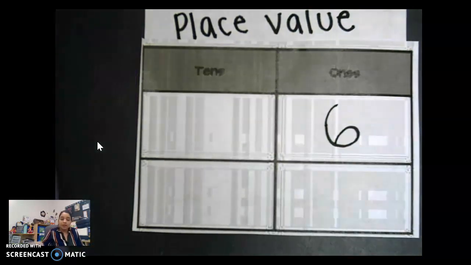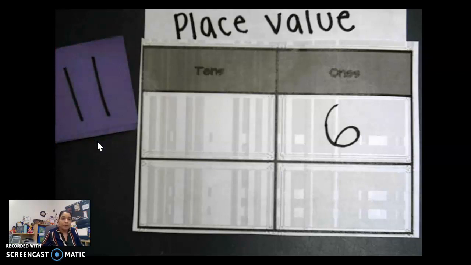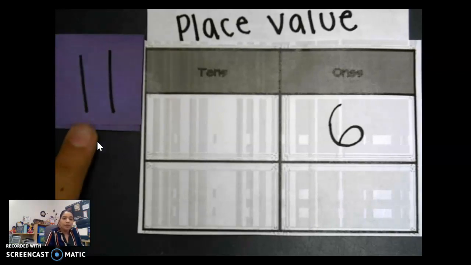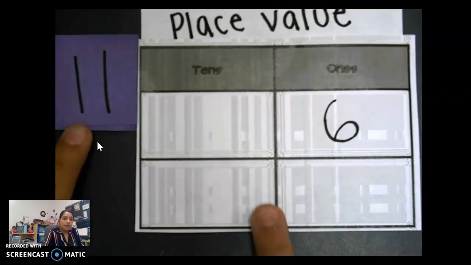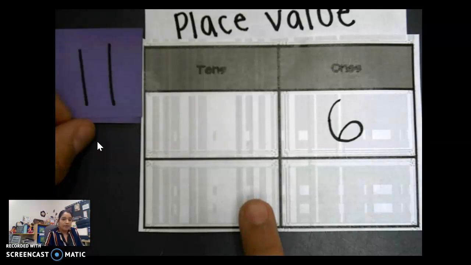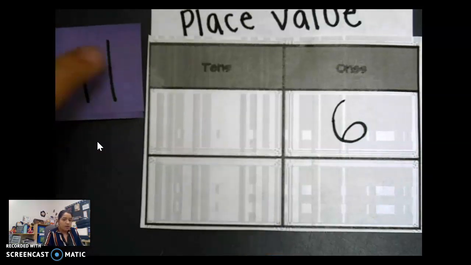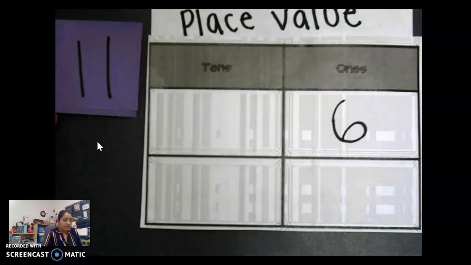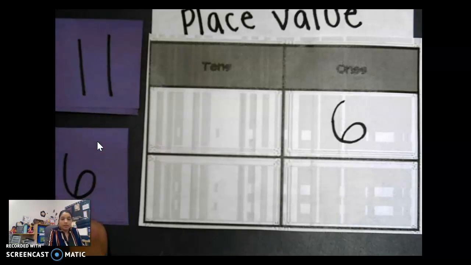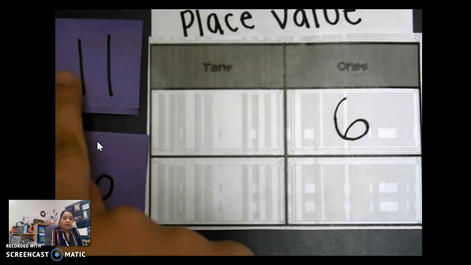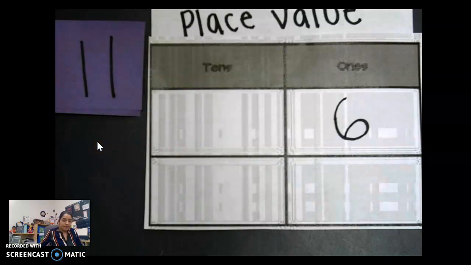Okay, let's go ahead and get another number. So right here we have, what's this number? 11. Good job. And how many digits does the number 11 have? 1, 2, right? Has 2 digits. So the number 6 only had 1 digit, but the number 11 has 2 digits.